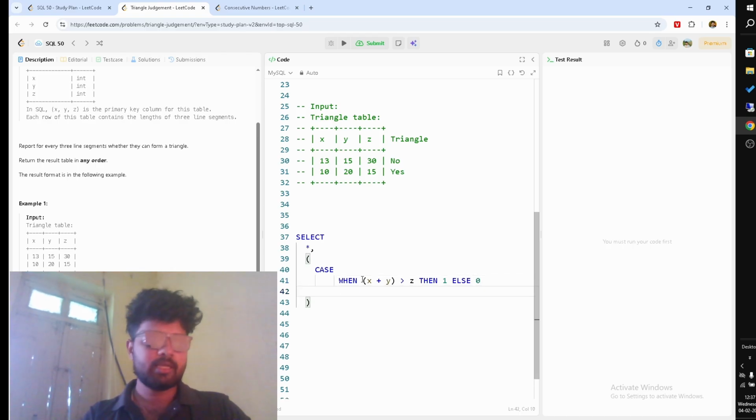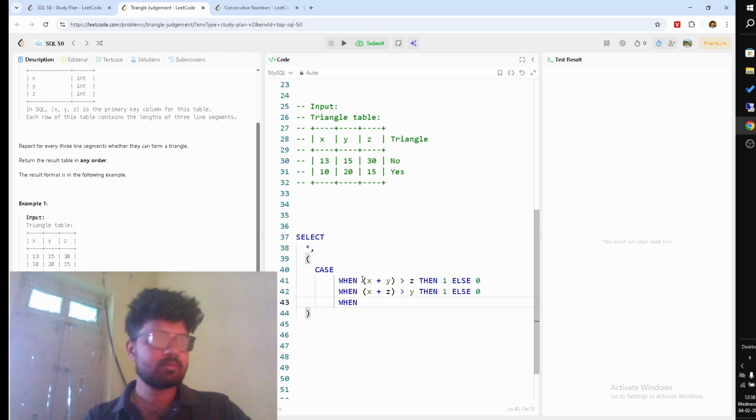Next, when first side plus third side is greater than the second side, that means the remaining side, then 1, else 0.